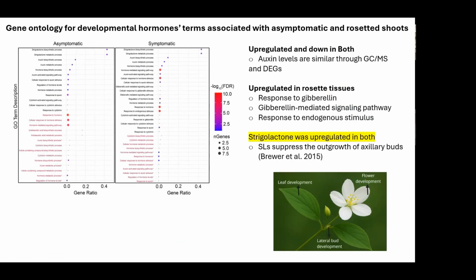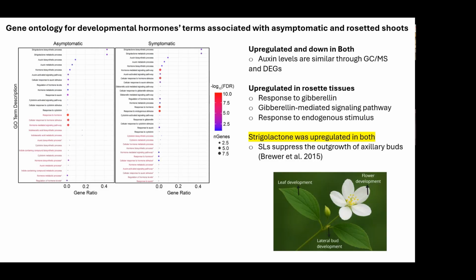So we went ahead and looked at the gene ontology of developmental hormones which are associated with development in asymptomatic and rosetted tissues. The auxin levels are similar between the differentially expressed genes and the GCMS.